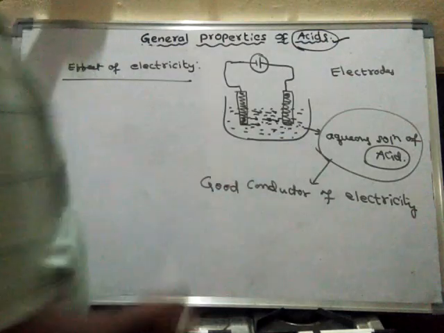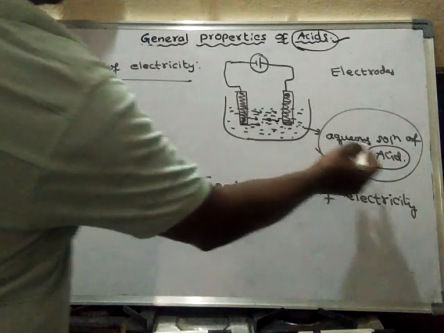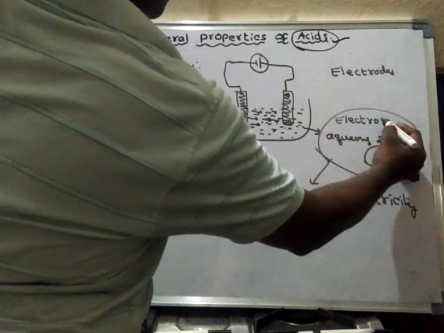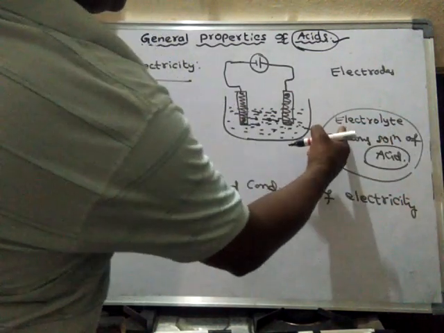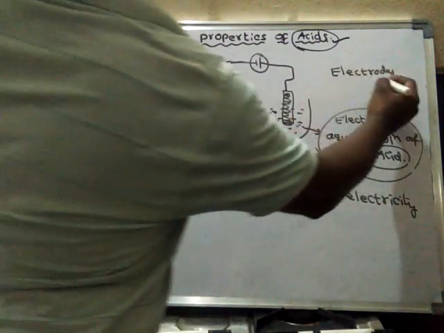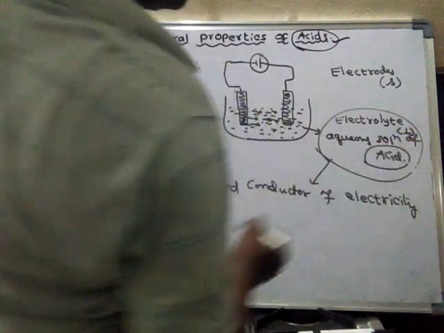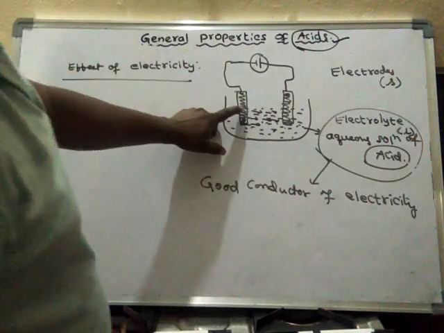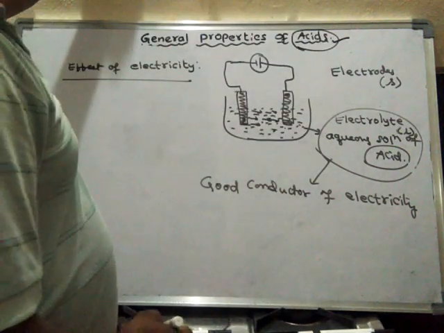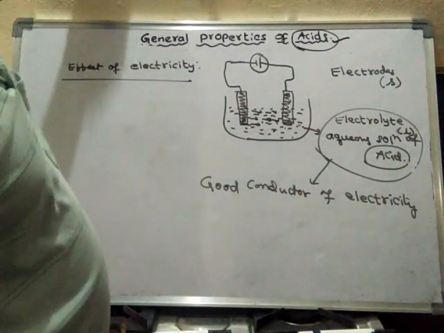Electrodes are solid materials that can conduct electricity, and this is called the electrolyte. An electrolyte is a liquid material that can conduct electricity. Generally we take graphite as electrodes, and here we have taken an aqueous solution of acid as the liquid.